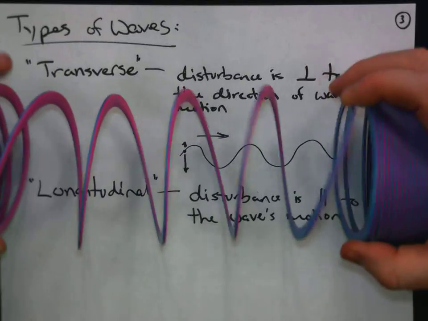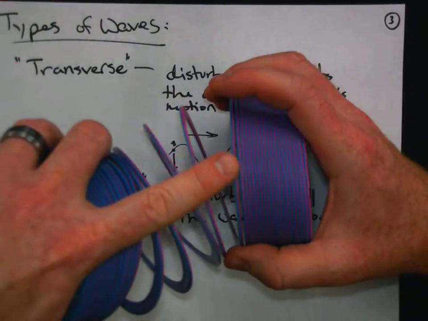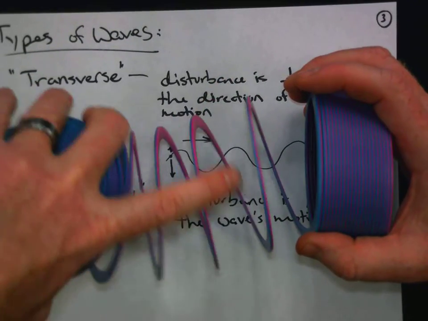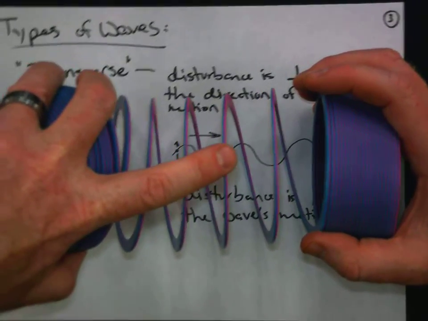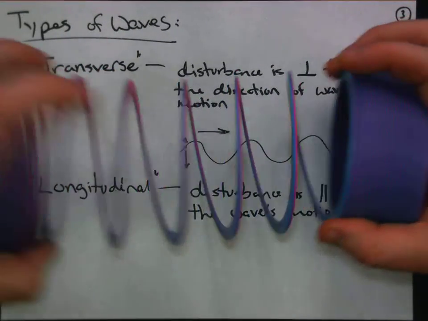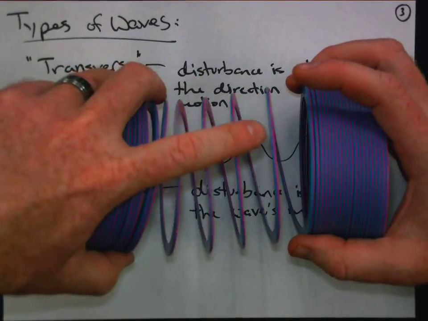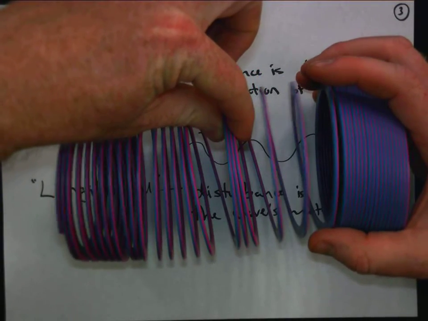But what's the disturbance? I've got medium that's coiled real tightly and medium that's coiled very open and loose, or you might say it's not very dense here. And I let go, and these coils want to open. But as those open, the coils immediately in front of them have to get closer together. And it kind of works out like that.